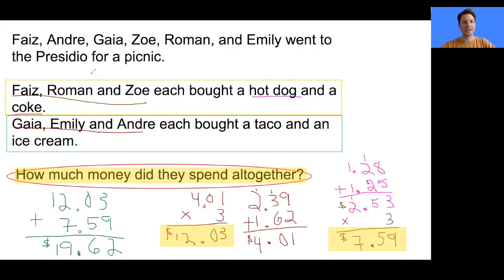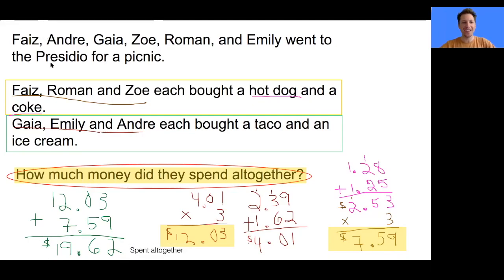Do not forget to write down what exactly this is. This is $19.62. All right. And it is spent all together. And that is it.